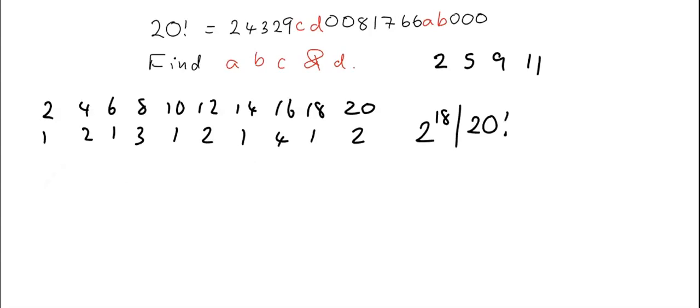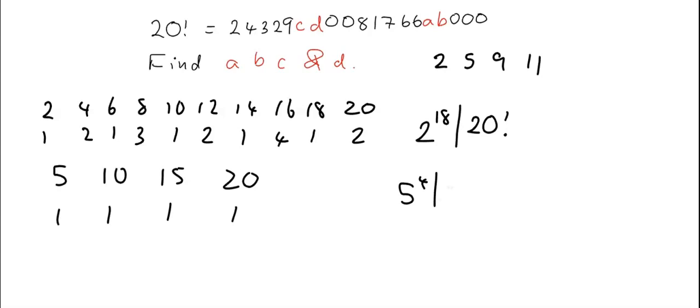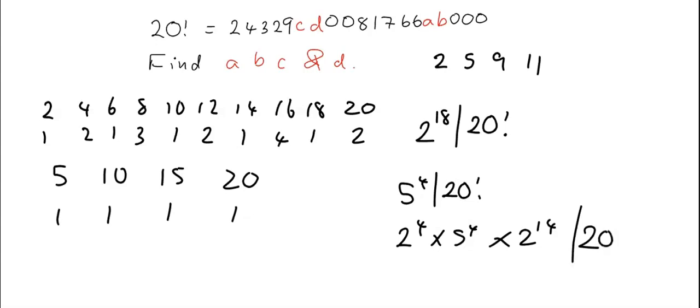We now consider 5, 10, 15, 20, and the highest power of 5 that goes into each of those, and 5 to the power of 4 divides 20 factorial, so that 2 to the power of 4 times 5 to the power of 4 times 2 to the power of 14 divides 20 factorial.